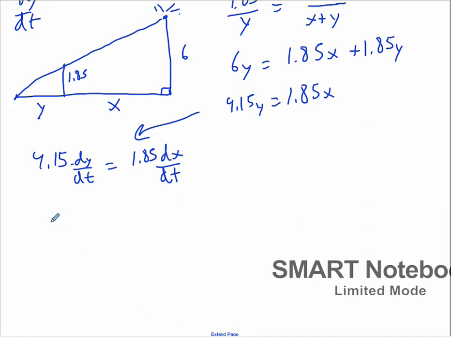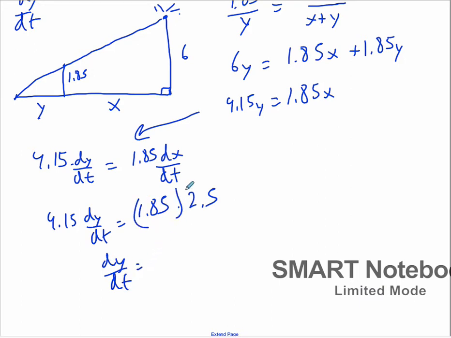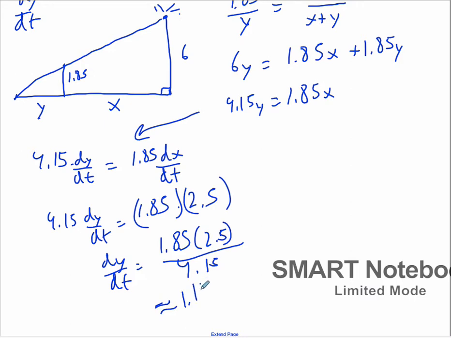So 4.15 dy/dt equals 1.85 times 2.5, so dy/dt equals 1.85 times 2.5 over 4.15. If you type that into your calculator, you should get about 1.11 meters per second.